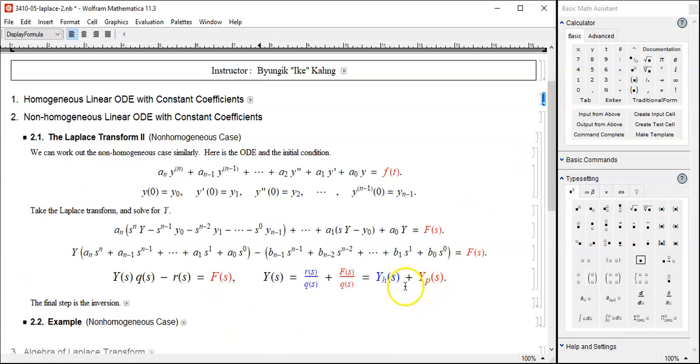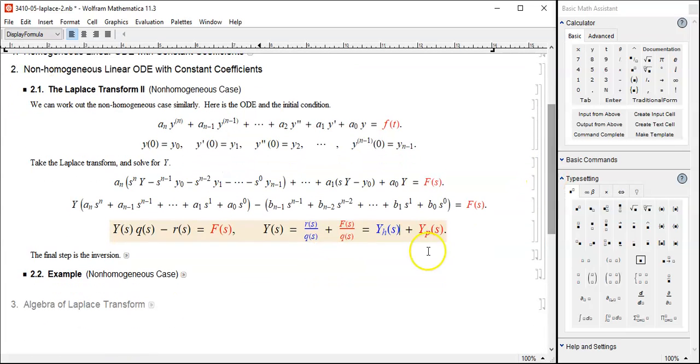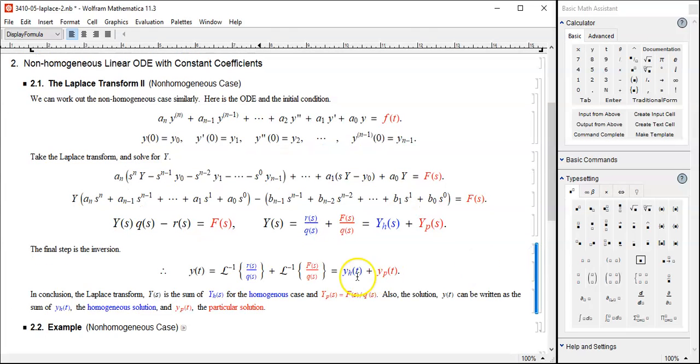So we're going to name it as capital Y h of s, h for homogeneous, and this is the Laplace transform of the general solution of the homogeneous equation. Now, if you take the Laplace inversion, then you're going to get the solutions. This is a general solution of the homogeneous equation.